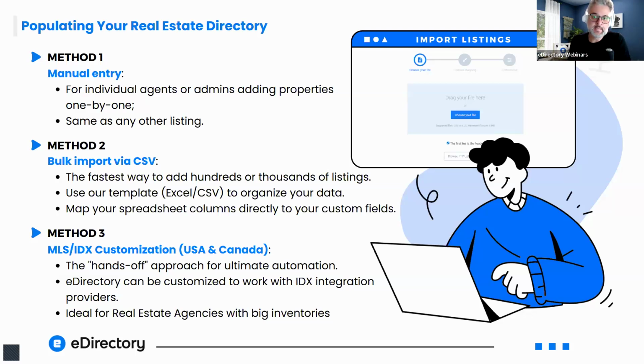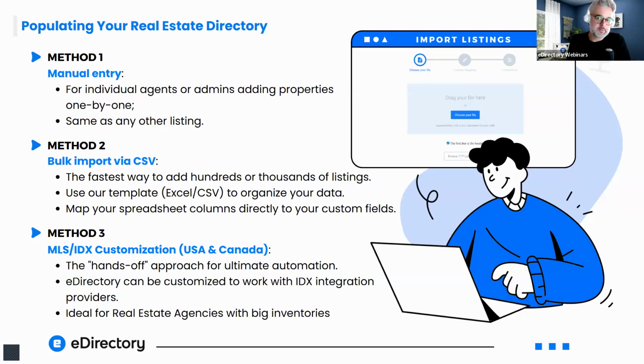And then eDirectory offers you an option to map the columns in your file directly to the custom fields that are available on the real estate website. So you can just match, for example, property name, address, contact, email, value, number of bedrooms, number of car parking spots. So it's pretty easy to integrate with the real estate theme.